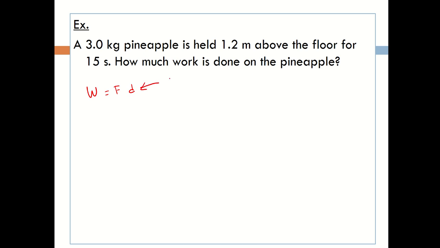So if this is 0, that means that no matter what the force is, anything times 0 is still going to be 0. So the amount of work done is going to be 0 joules. So you can hold it for 15 seconds, you hold it for 2 hours. If you don't move up or down, the work done is 0. So the message here is that if there is no distance, there is no work done.